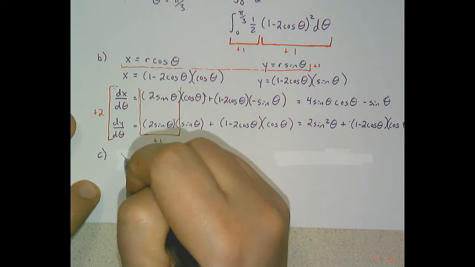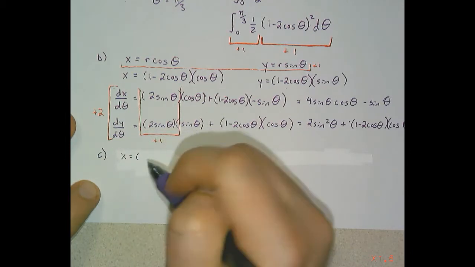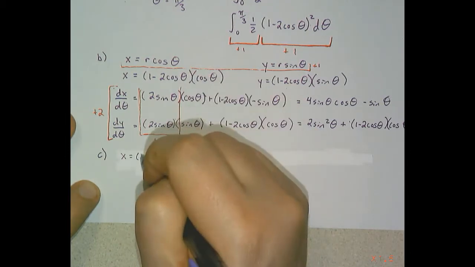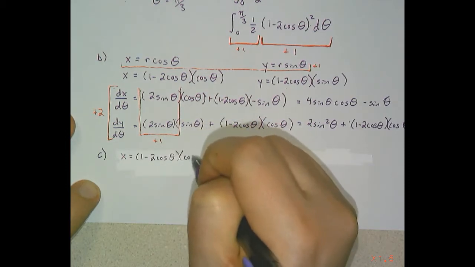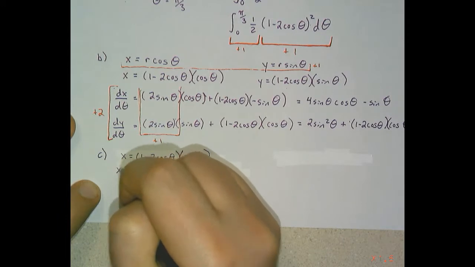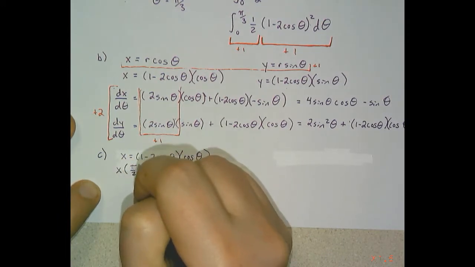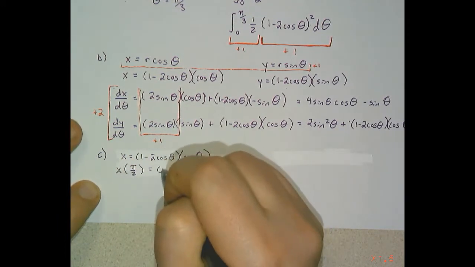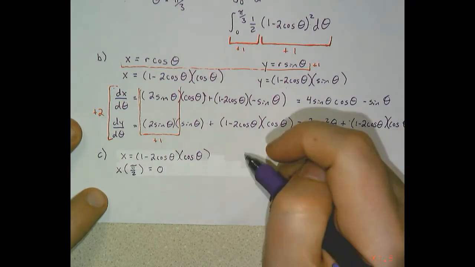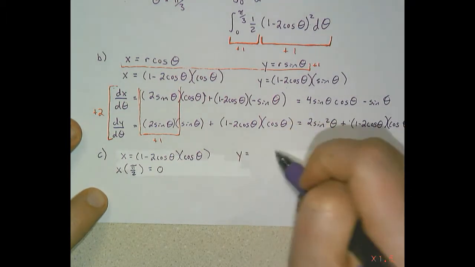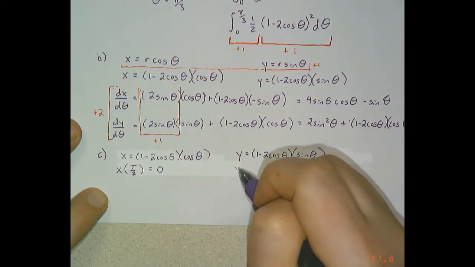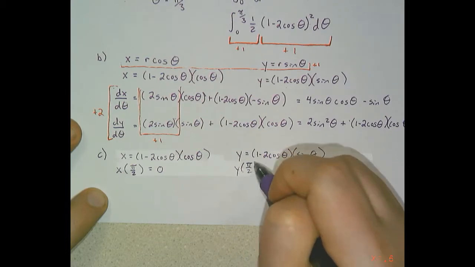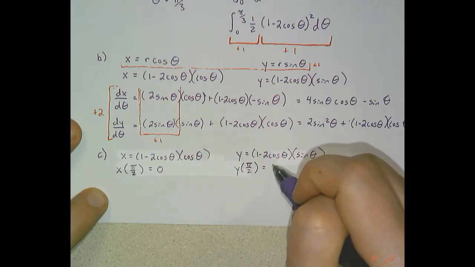Knowing that x is 1 minus 2 cosine theta times cosine of theta, if we evaluate x at pi halves, we find an x-coordinate of 0. If we do the same for the y-coordinate, y of pi halves is equal to 1.